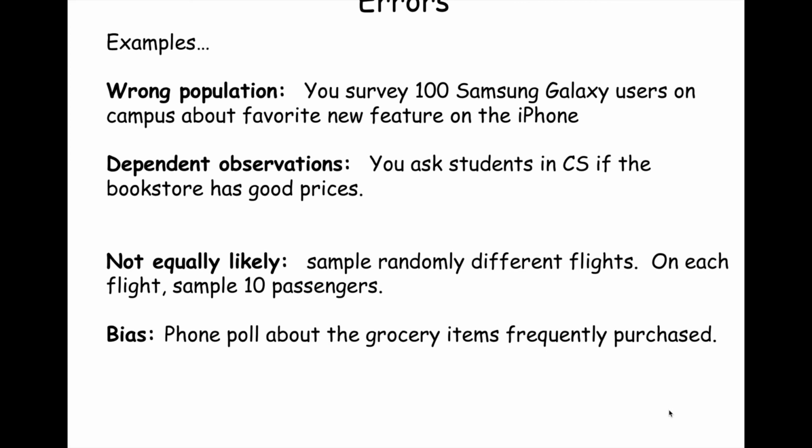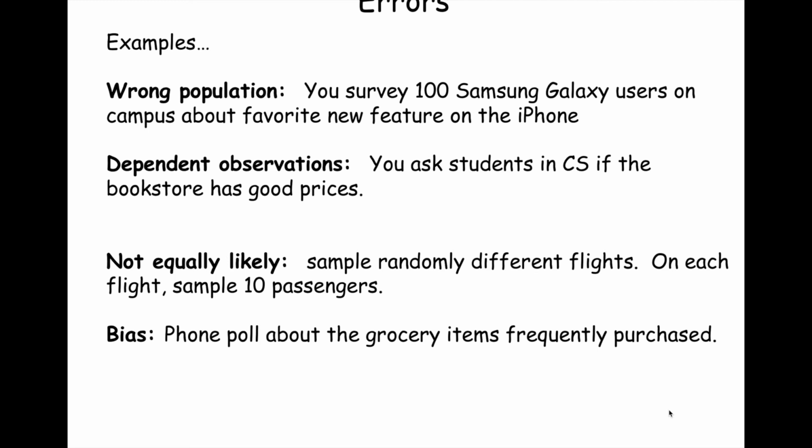And the example given for that is, say you survey 100 Samsung Galaxy users on campus about the new feature on the iPhone, right? That's just incorrect, right? Maybe dependent observations. You ask CS students if the bookstore has good prices, and I'll explain what the flaw is in each of these. Not equally likely, you sample randomly different flights.